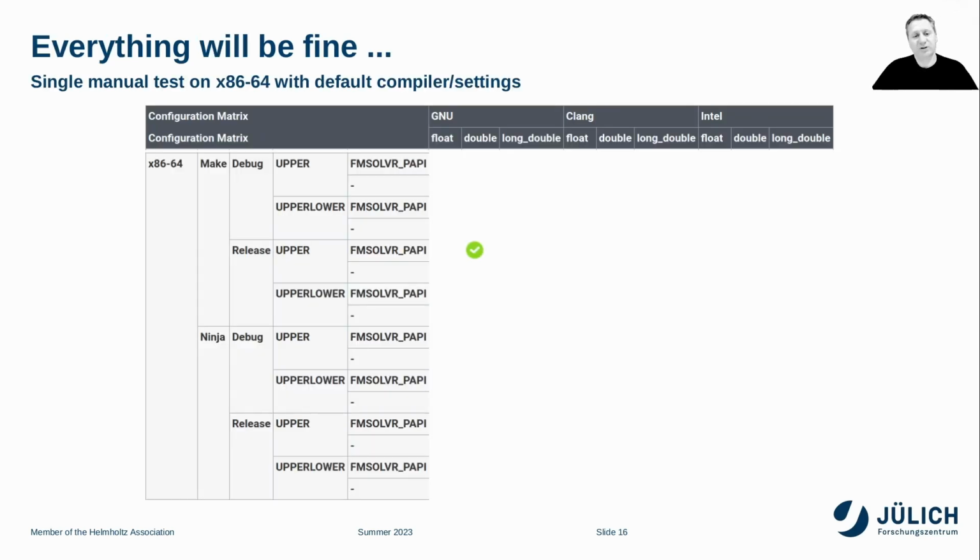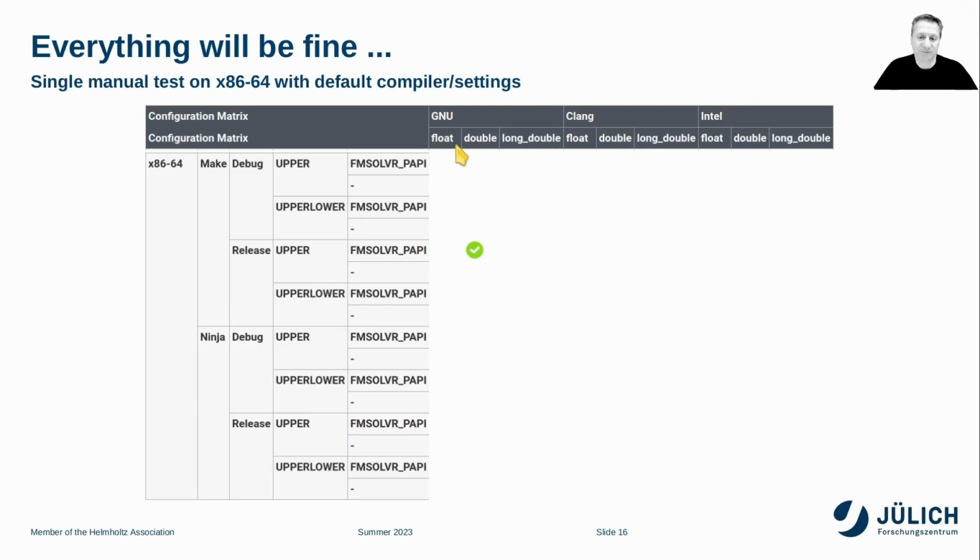On this slide, I want to give you an example from my past. Basically, we also started with not testing much. Here you can see a test matrix. On the top, you see different compilers we wanted to test for: the GNU C++ compiler, Clang, and Intel compiler.